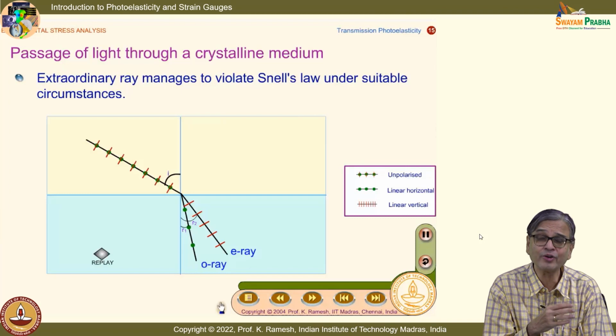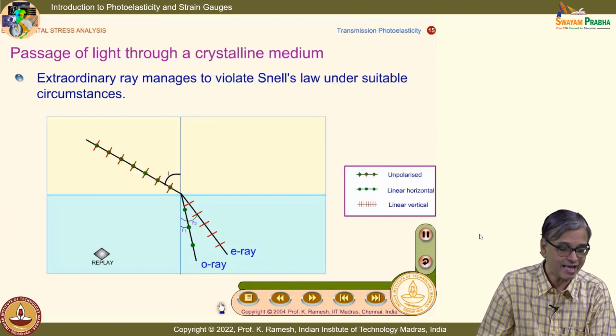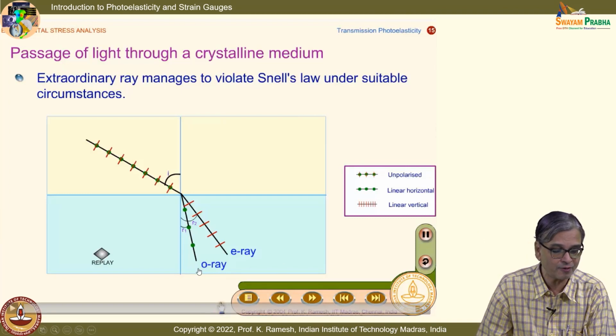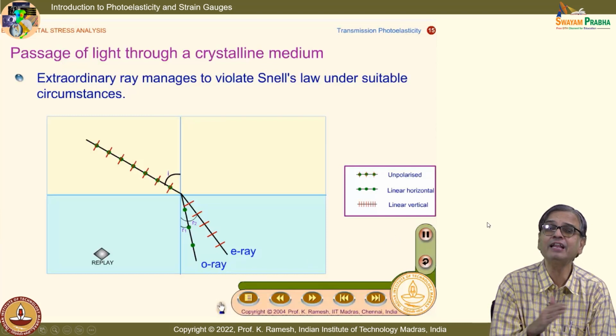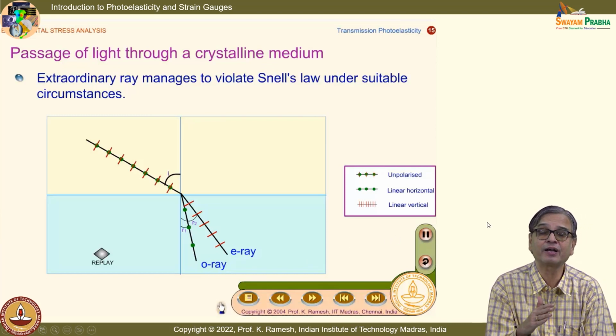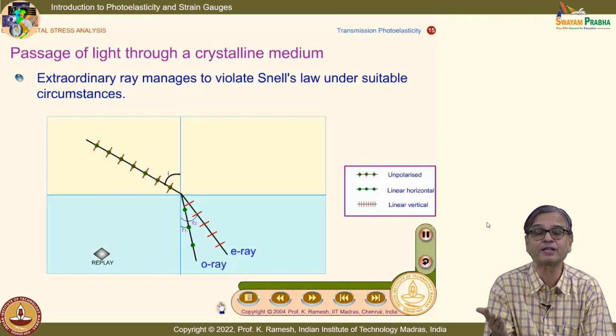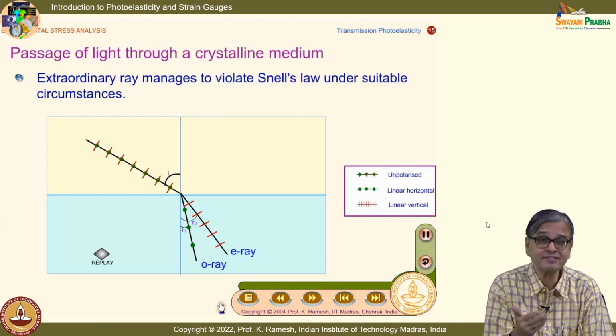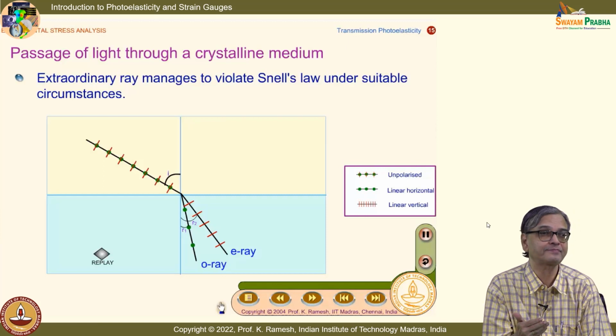Now you realize, because the angle of refraction is different for the extraordinary ray, under certain conditions the extraordinary ray can merge with the ordinary ray, and it can have any angle of refraction depending on the orientation with respect to the optic axis. Fine. So, that property is exploited in photoelasticity.